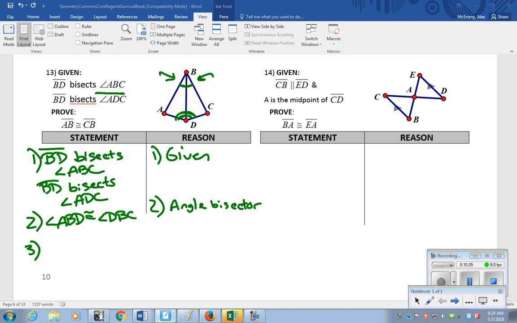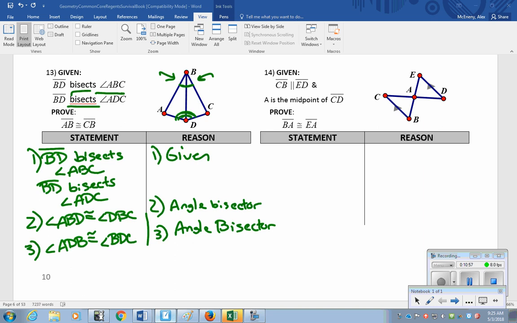So I got angle ADB and angle BDC. And for this one, same reason. Angle bisector. You can use the same reason more than once. You just have to have the information and use the words that are there. You don't have to pull out of thin air in most cases.